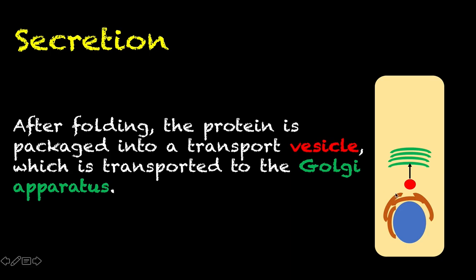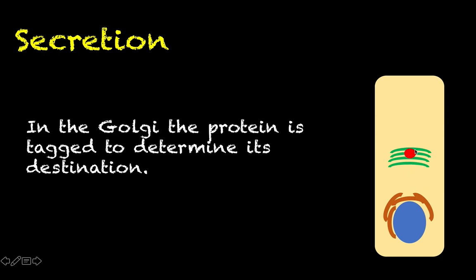So that transport vesicle, which contains our product, either a protein that was made in the rough ER or a lipid that was made in the smooth ER, will go towards the cis face of the Golgi apparatus, this big stack of membranes you see right here.